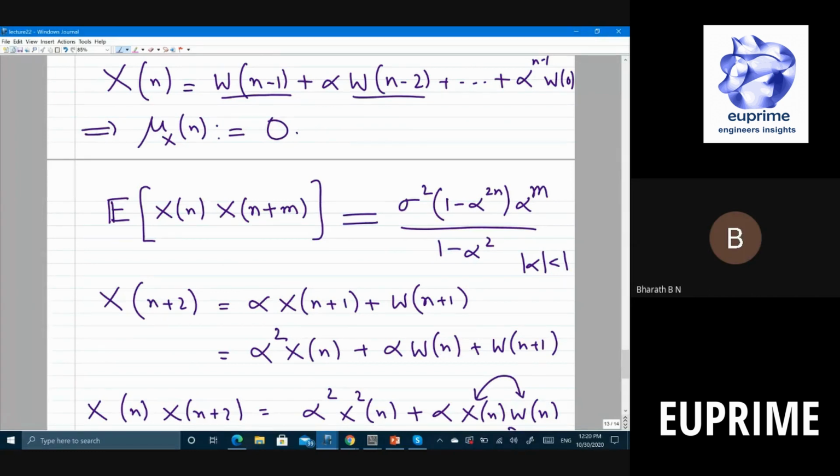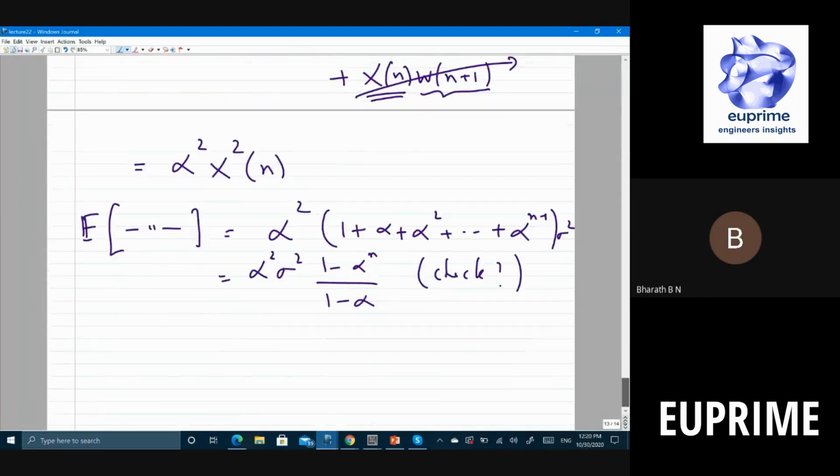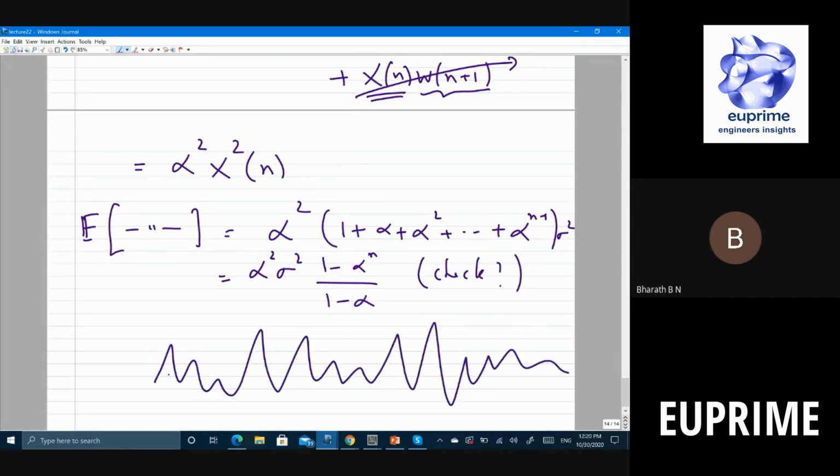That means the correlation from, for example, if alpha is 1, what is it saying? It's saying if you take a signal like this, and this is your time axis, and if you take a point here, let's say t, and you take a point which is like t plus m, and this is m, right?